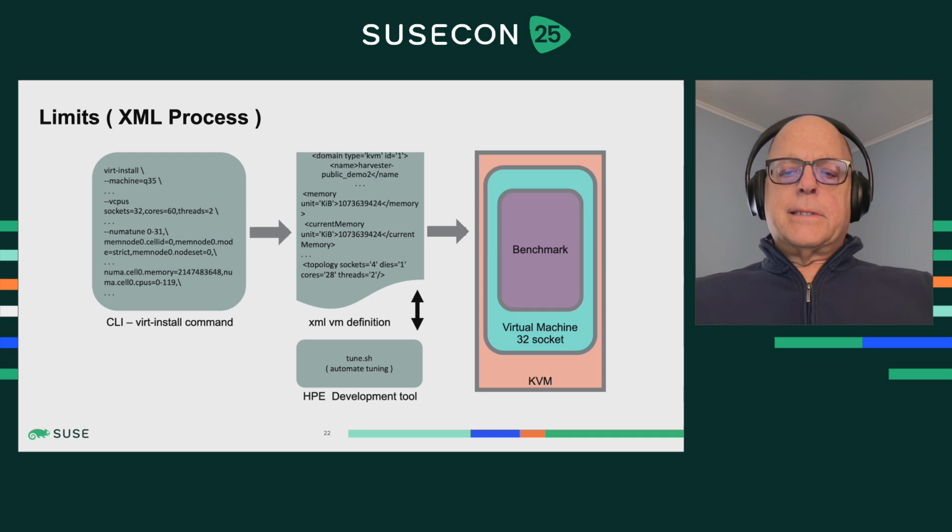This is the process we've broken it down to: we use virt-install to start the virtual machine, then tune.sh, a script we have, edits the XML to apply all the vCPU pinning, emulator threads, IO threads, and all the tuning, and then that's what we actually start. So we have a process to create a scalable virtual machine that we can benchmark and make adjustments to.